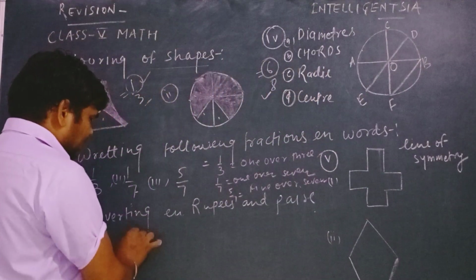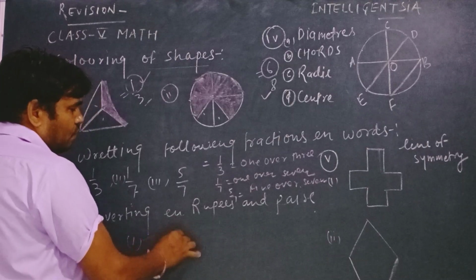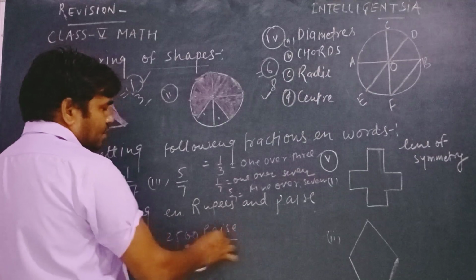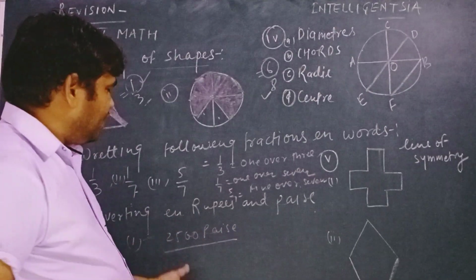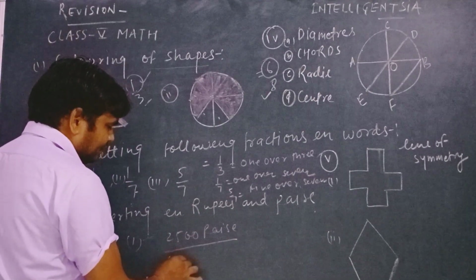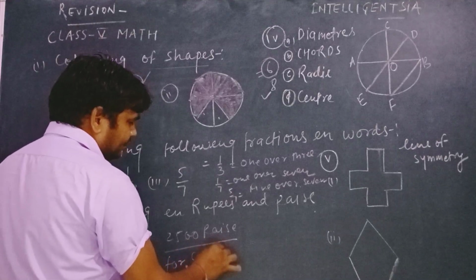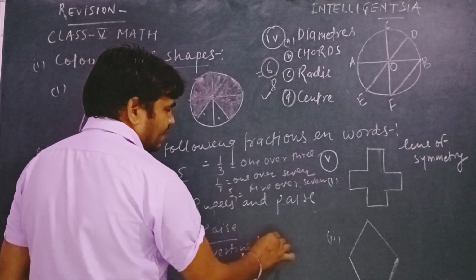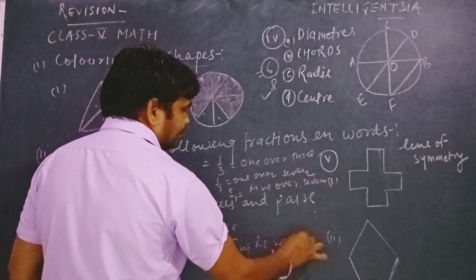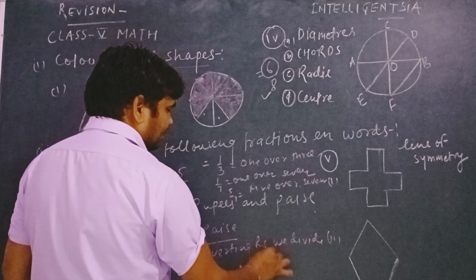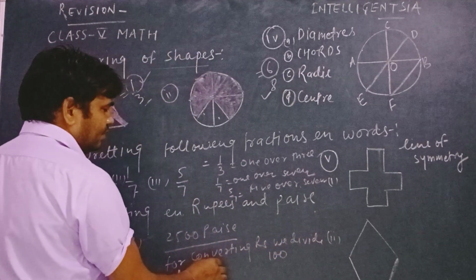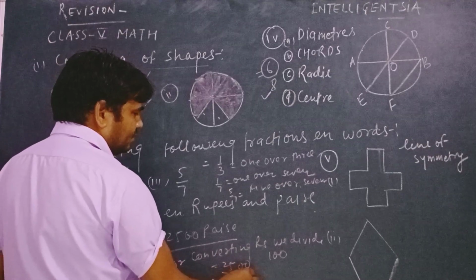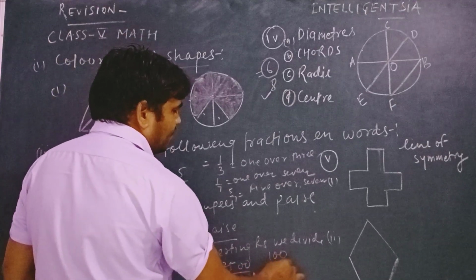Just like, for example, 2500 paise. To convert into rupees, we divide by 100. It means 2500 divided by 100 is 25 rupees.